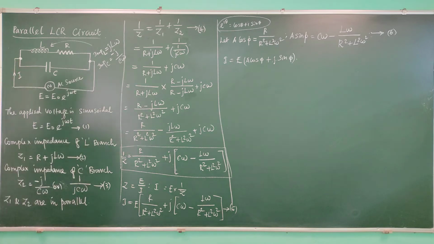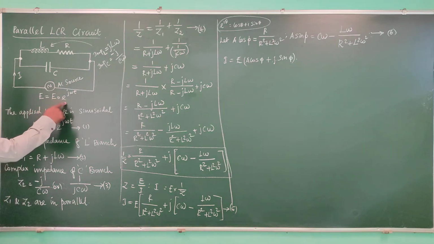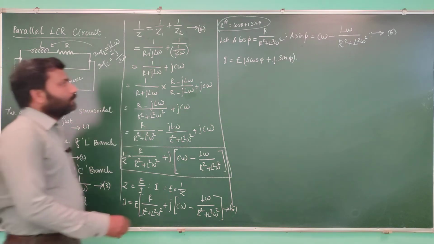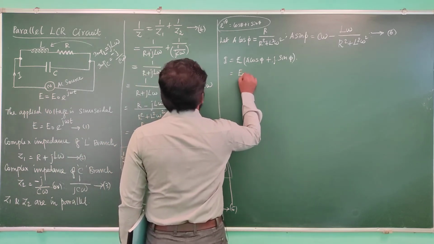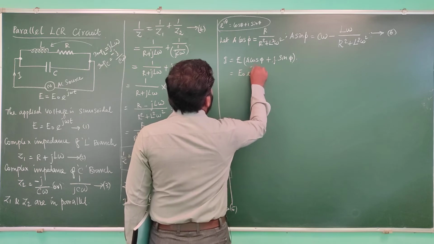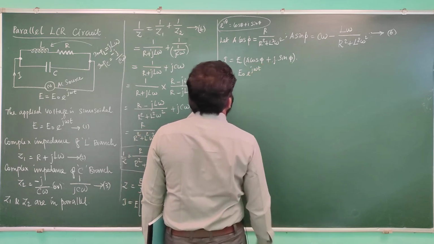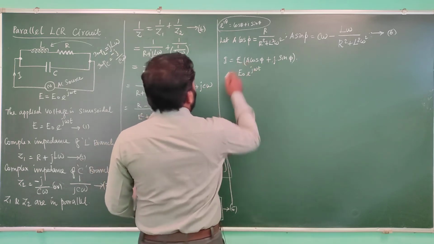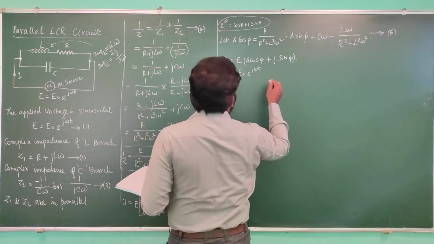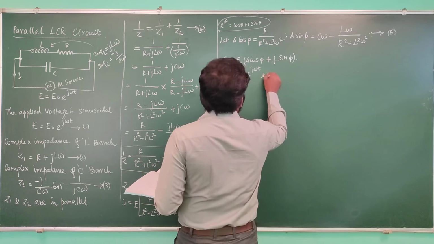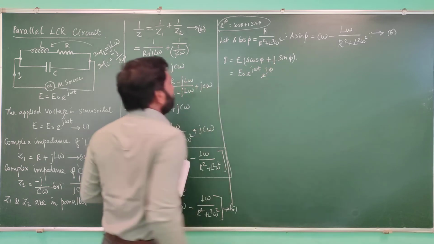But what is E? E is equal to E naught e power j omega t, right? So this we can write as E naught e power j omega t, and A cos phi plus j A sin phi you can write as A e power j phi.